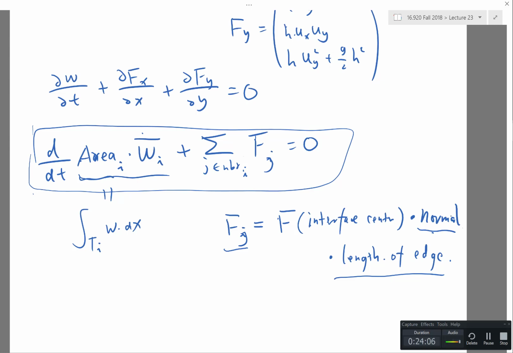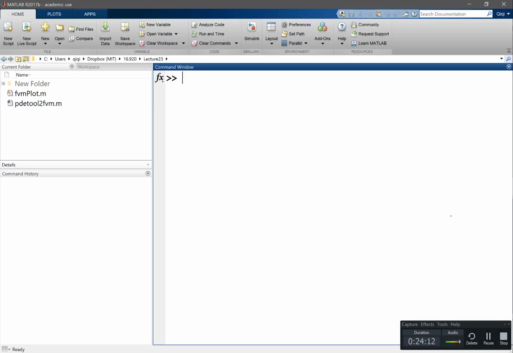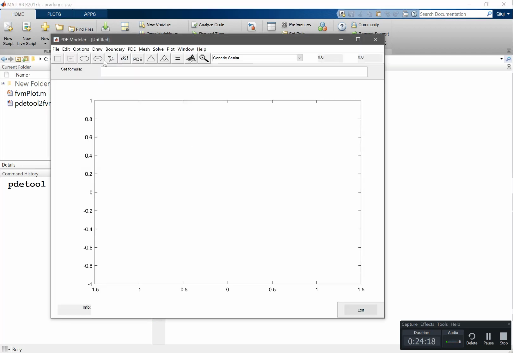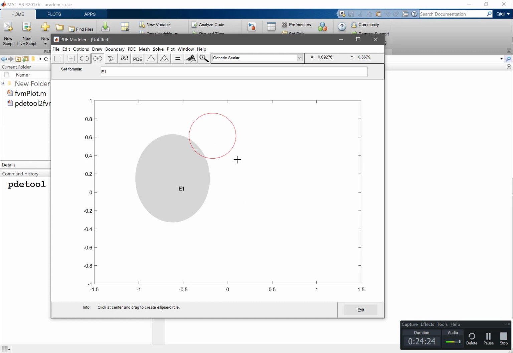And the value of this array stores the index of the triangle. Okay, so this can be done by, for example, using the PDE toolbox, and we can just draw some domains, and you can do it whichever way you want.